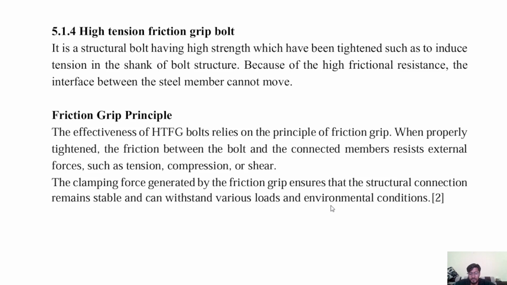These frictional forces create clamping pressure, ensuring that the connected members remain in intimate contact. High tension friction bolts offer several advantages over traditional bolted connections, including higher strength to weight ratio, improved fatigue resistance, and reduced risk of loosening or failure due to vibration.